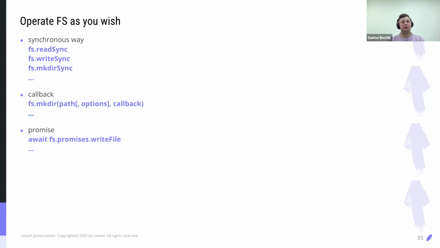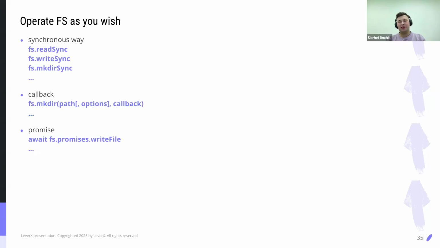And one important thing I have noticed from my experience: if you have some problem with the file system and you open GitHub issues, most probably the issues are related to the callback API.